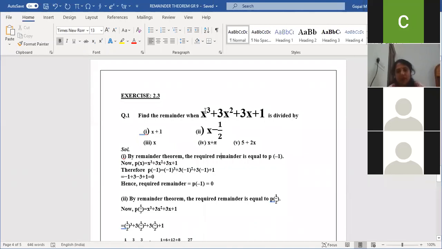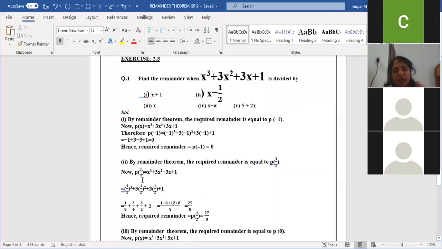What is 1/2 whole cube? 1/8. Yes. What is 1/2 whole square? 1/4. So 3 into 1/4 is 3/4. What is 3 into 1/2? 3/2. Okay, so we are getting up to this position: 1/2 whole cube is 1/8, 3 into 1/2 whole square is 3/4, and 3 into 1/2 is 3/2, plus 1.